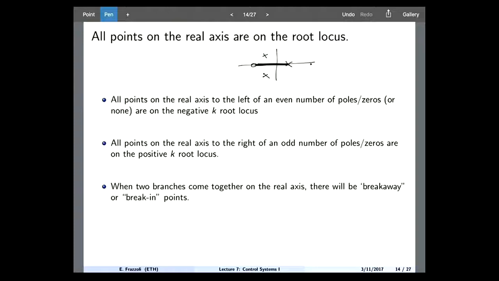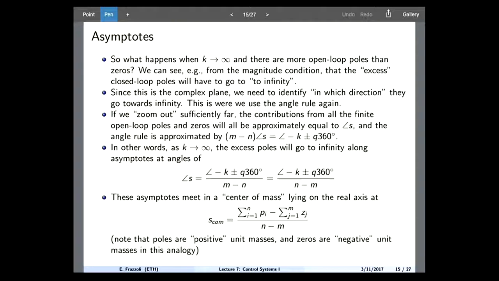On the other hand, all these other points on the real axis will be on the root locus for negative K. So first rule: all the points on the real axis can be a closed loop pole, either for positive K or for some negative K. Let's talk about the breakaway or breaking points in a minute.